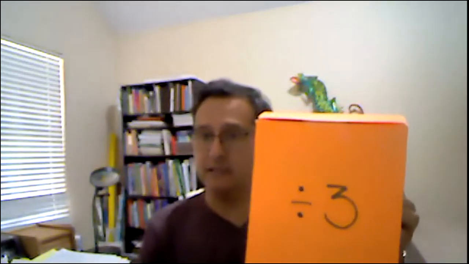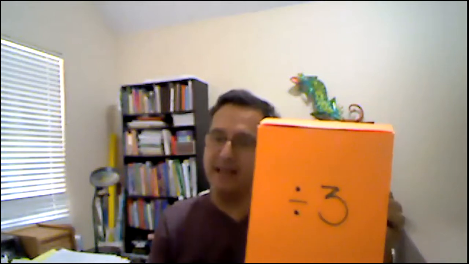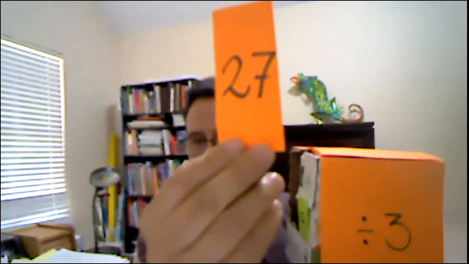Now the rule is divided by 3. So use this number, 27 divided by 3. So input the 27, input inside.